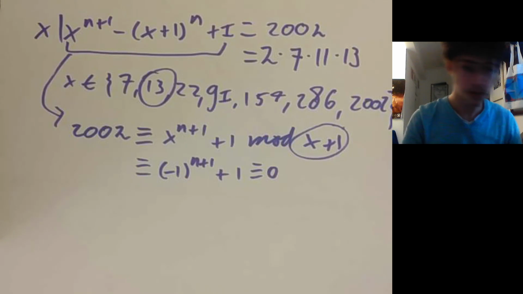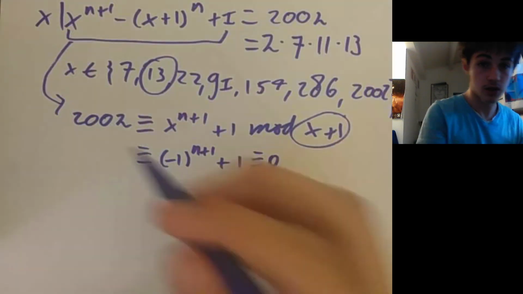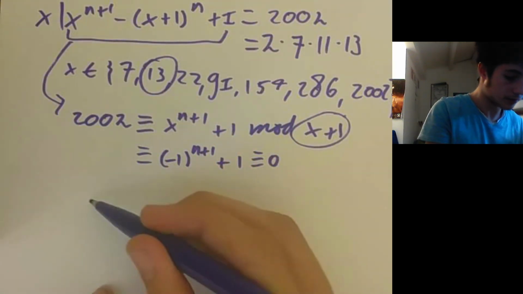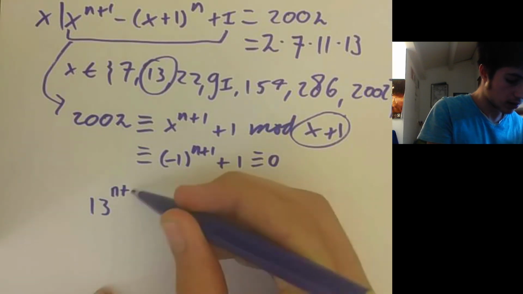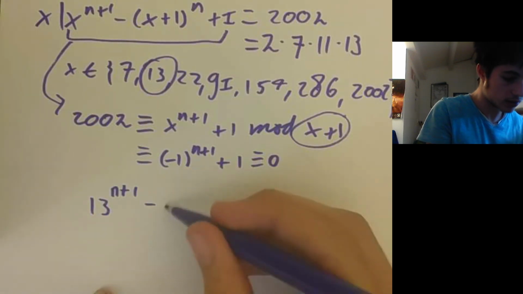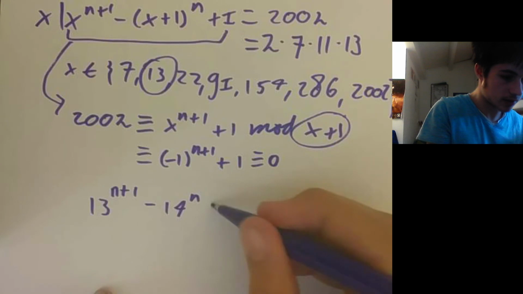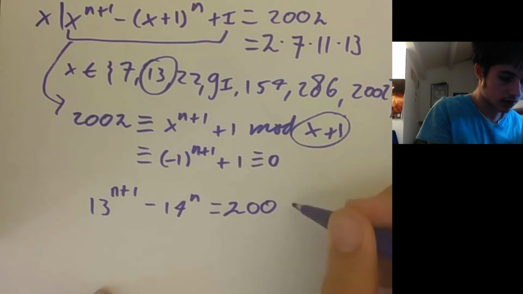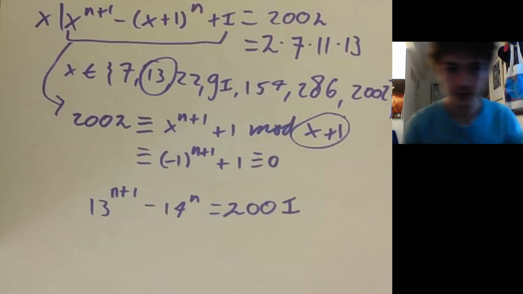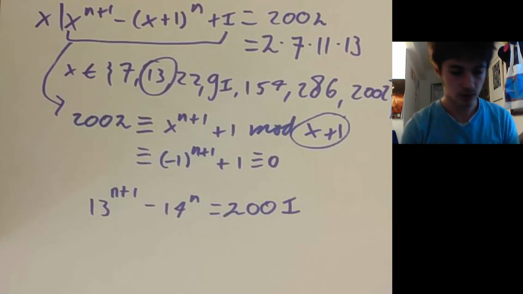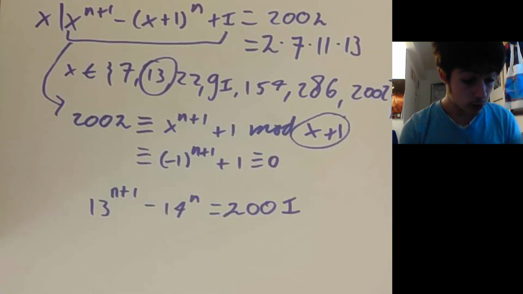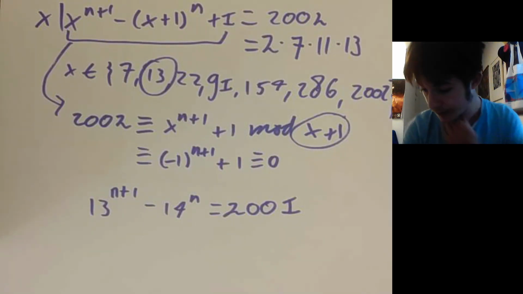So that's nice. And you see our equation becomes 13^(n+1) - 14^n = 2001. So that's nice. We've found one of the two numbers, but we still have to find n.